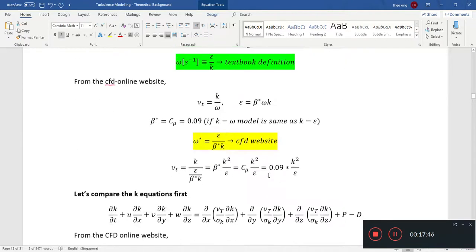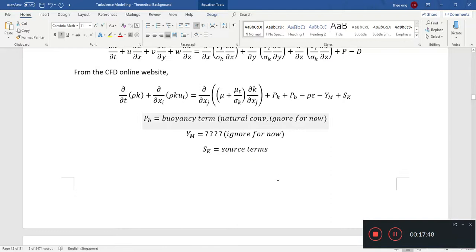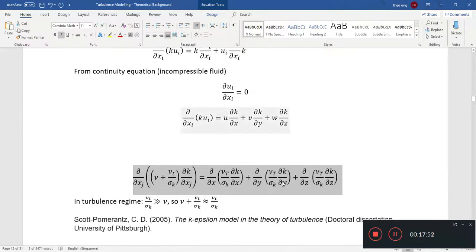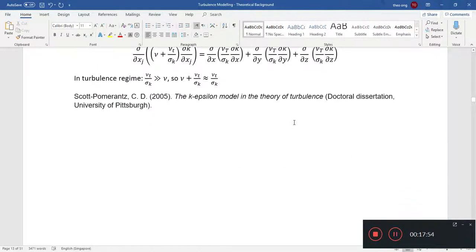Maybe I'll do it. I won't go too much into detail, but you have your Navier-Stokes equation. Step 1, we have our Navier-Stokes equation.